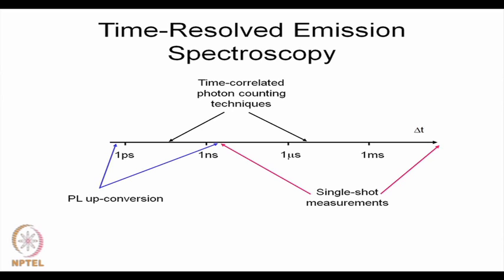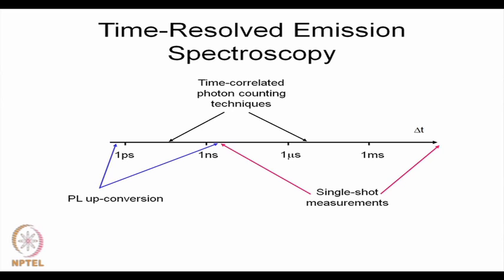Okay. And the single shot measurement is another way of looking into the ultra fast or maybe faster processes. Of course, that does not go into the ultra fast region.